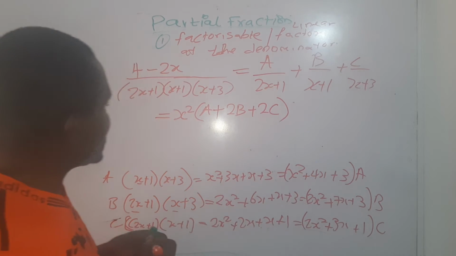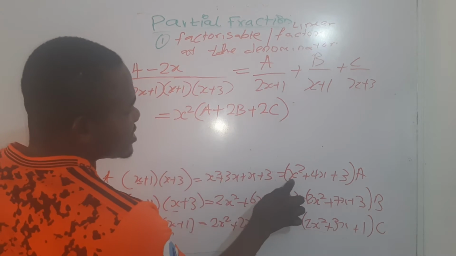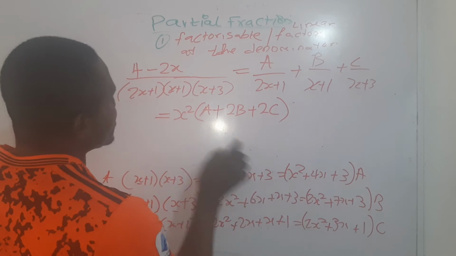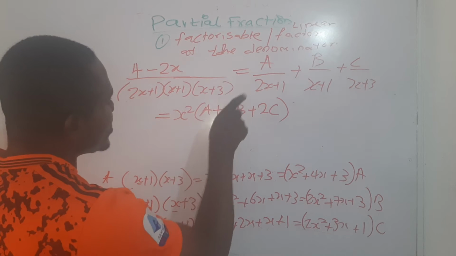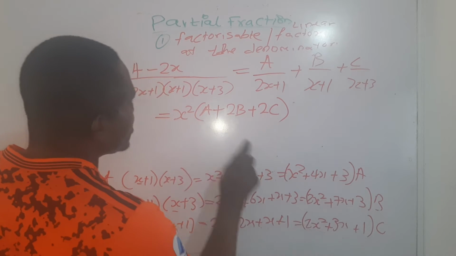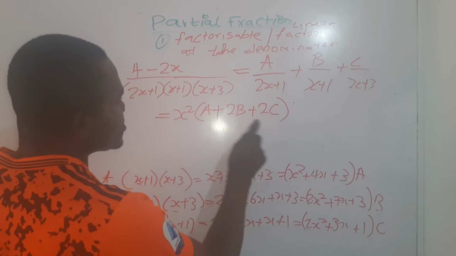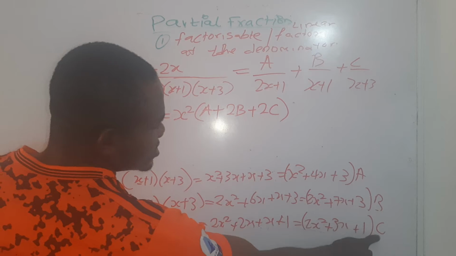Now you will see that if you open this, s squared times A is As squared. s squared times 2B, that is 2s squared B. s squared times 2C, we have 2s squared C.